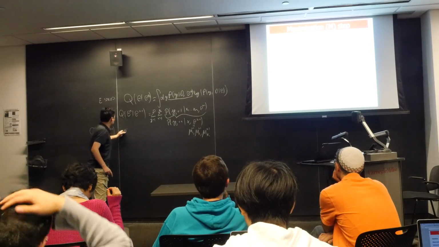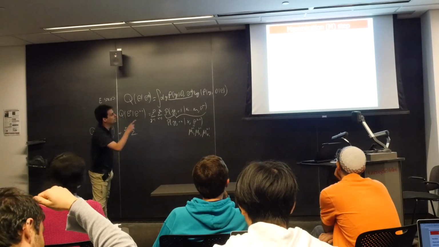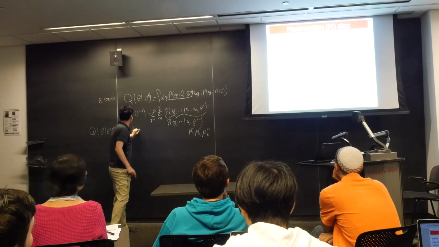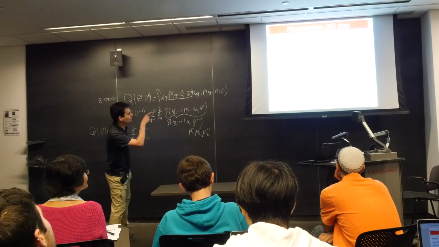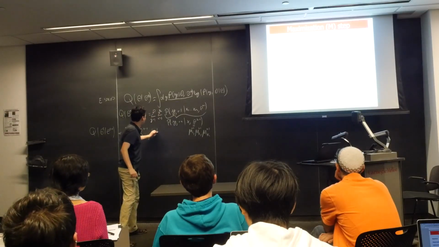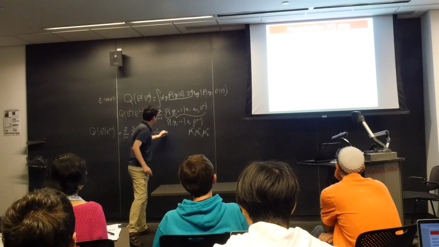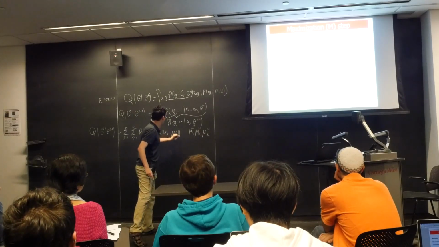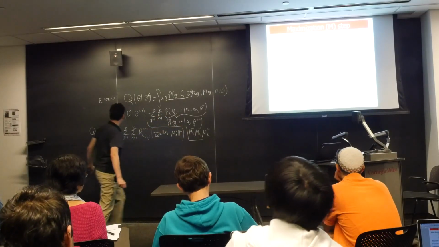This is the sum j going from 1 to n, sum i going from 1 to k, and then R_ij^(t-1), and then we don't need the x because of the log, and then minus 1 over 2 sigma squared times x_j minus mu i t squared. Alright, so this is where we are.